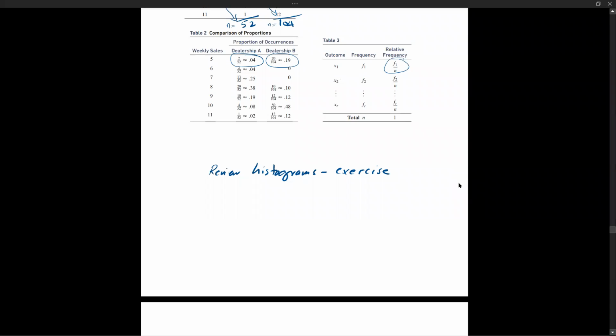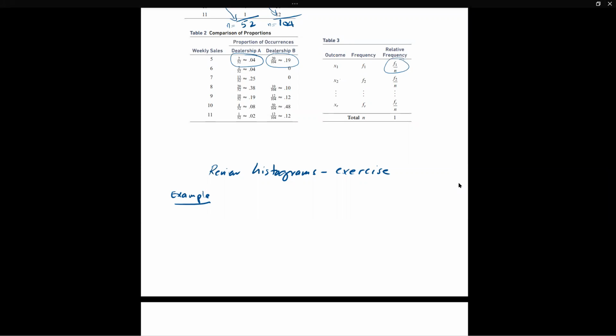If I want to show an example here, let's say what that means. You'll see just a plot. For example, if we have in an experiment some outcomes 0, 1, 2, 3, 4, 5, with their frequencies.